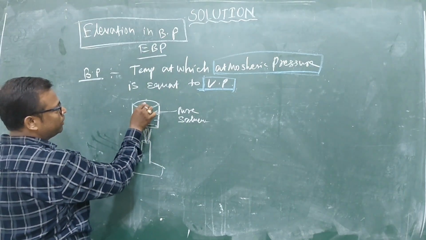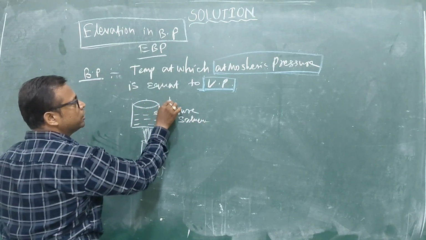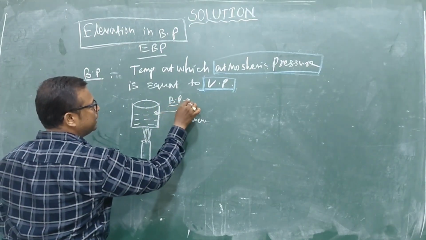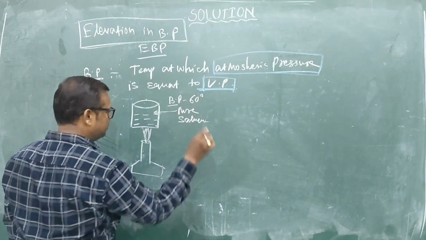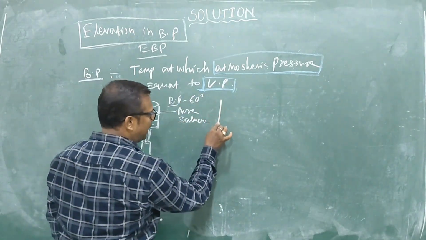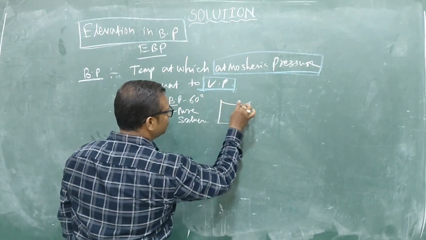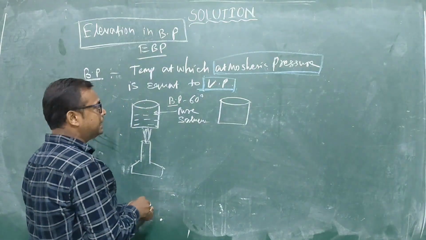Then you note its boiling point. Suppose the boiling point of this pure solvent is 60 degrees. Then you add a few solute particles in that beaker.